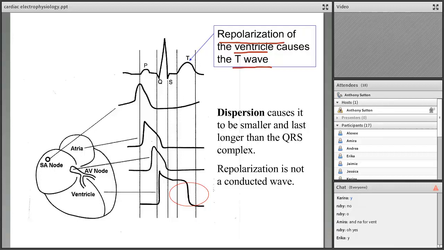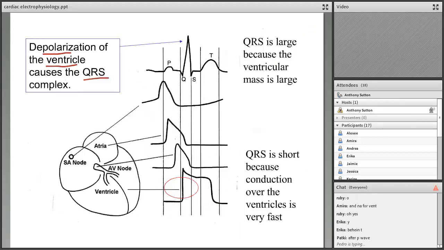I know what you're saying: but wait a minute, Dr. Sutton, what about the atria? I don't see the atria repolarizing. Does anybody know when the atria repolarize? Anybody know? Well, guess what? You ready? The atria repolarize during the QRS.